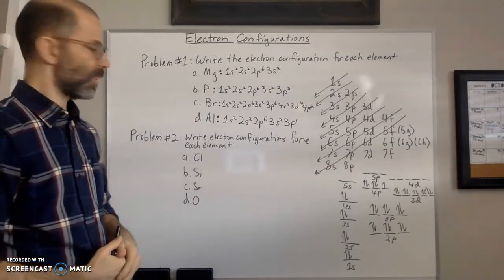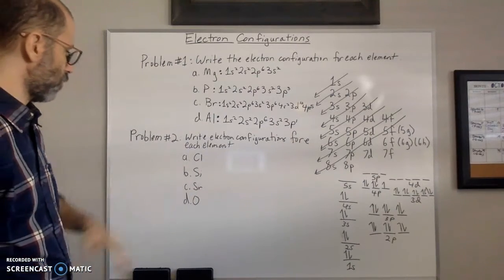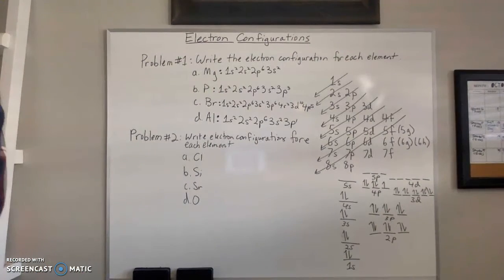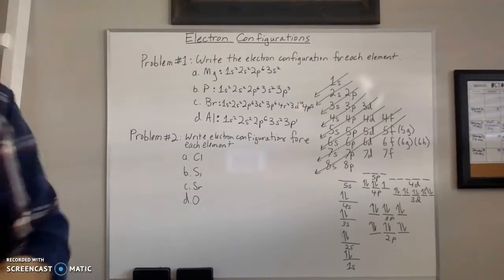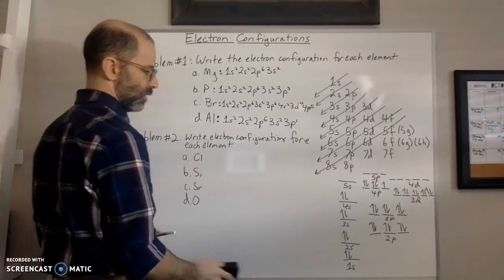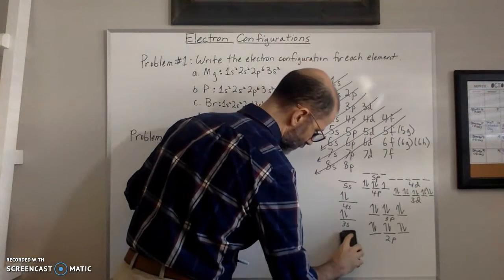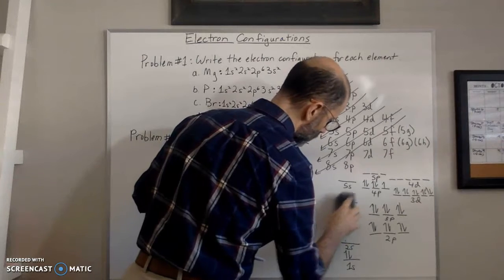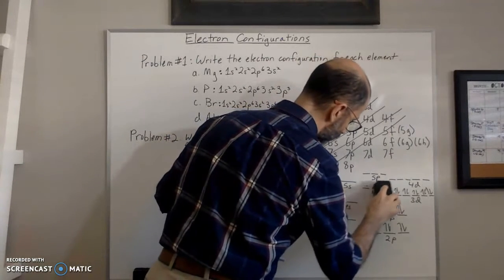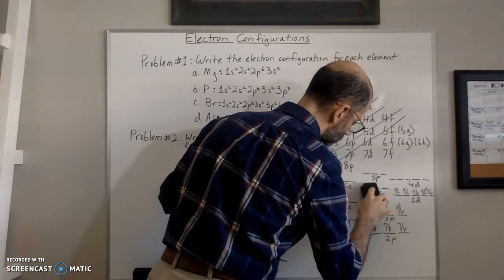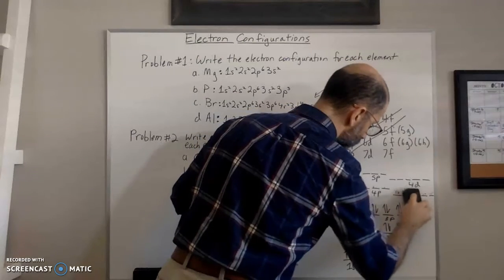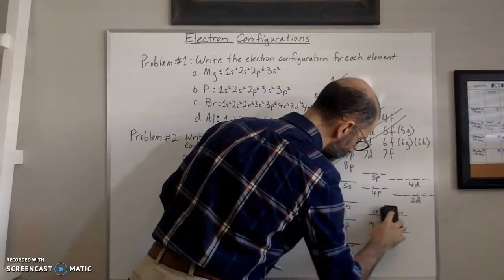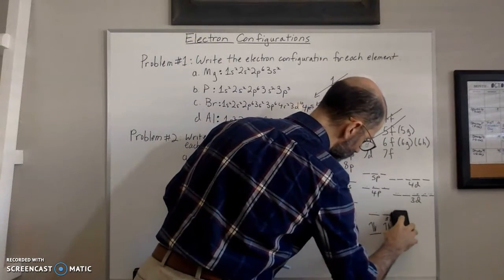Okay, let's keep going. So we have 4 more. What about chlorine? We look at chlorine, and chlorine has 17 electrons. So let's erase here, so we can use our orbital diagram again.